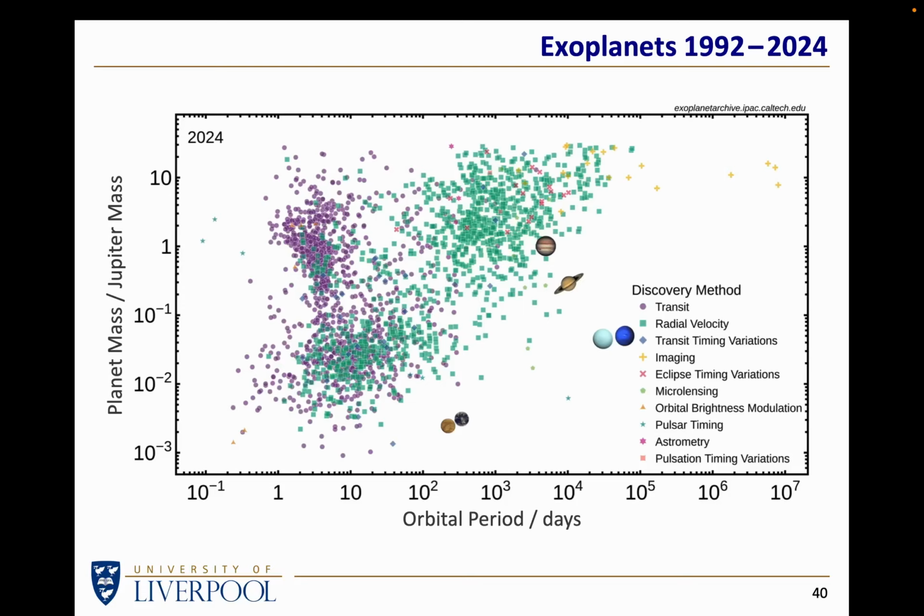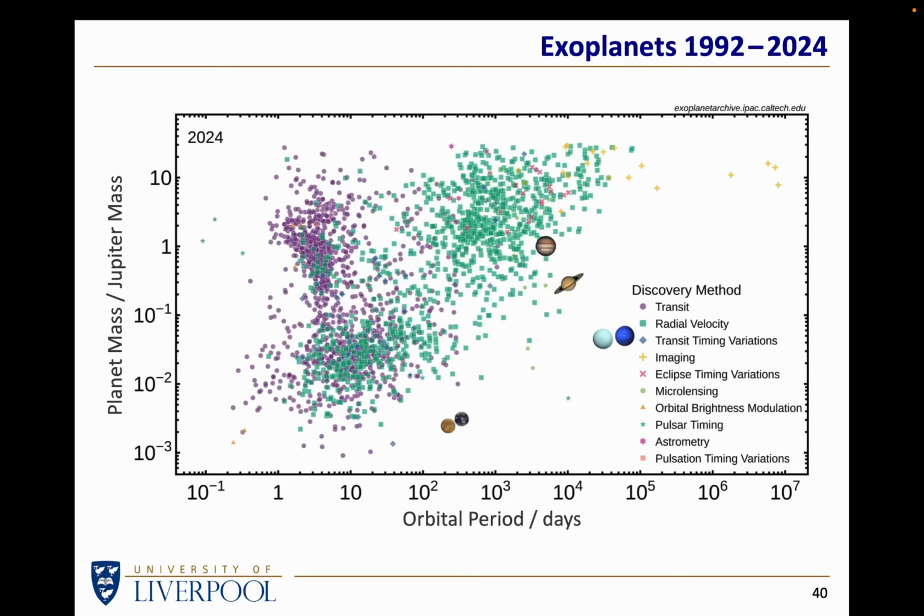Tiny planets, smaller than the Earth, are going to be difficult to see because they only block a very small amount of light. And therefore, there is going to be bias in these statistics. This is not necessarily representative of all exoplanets that are out there. This is representative of the planets that are easy for us to find.